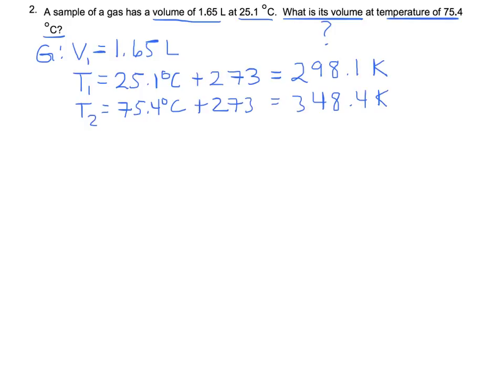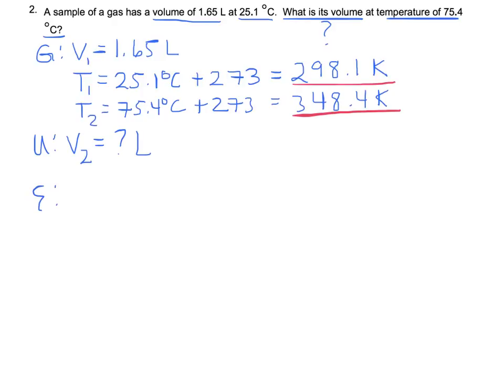Okay, so remember, and if you need to underline or box or highlight, whatever you need to do, that you need to use these Kelvin temperatures when you're solving the problem and not the Celsius temperatures. We know that we're looking for the final volume, which is V2, and we know our units are going to be in liters, because our initial volume is in liters, and they have to be the same.